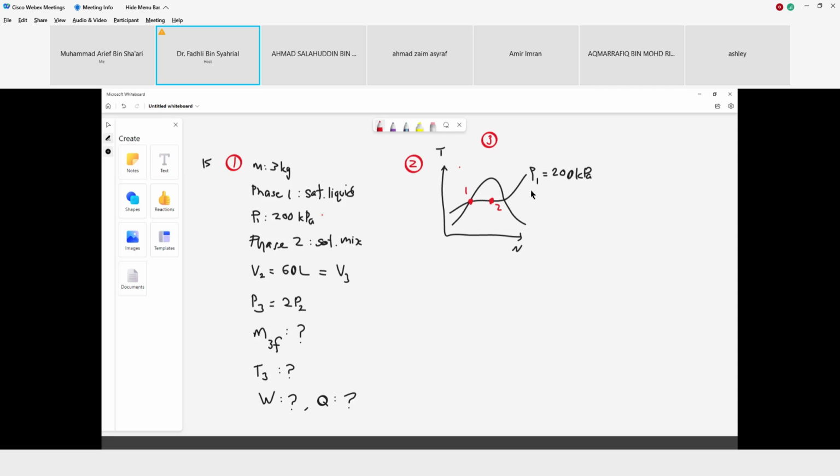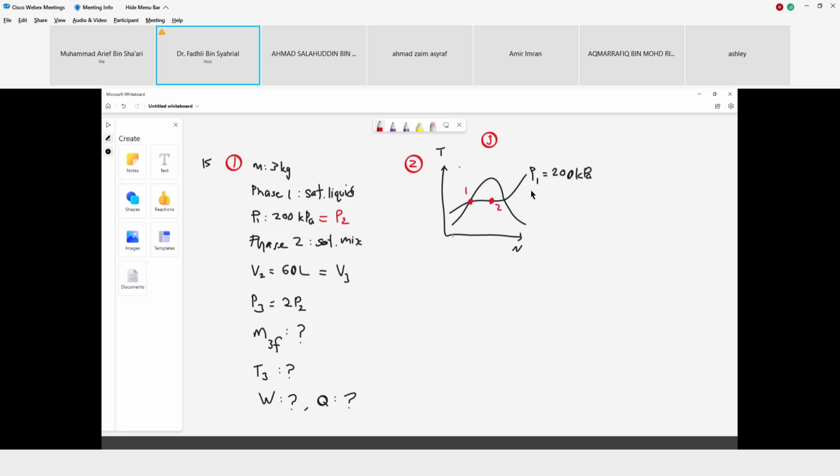They have another hint that we forgot to write, which is pressure 2. For this case, pressure 2 is equal to pressure 1. Okay, why? Because if you look at sentence number 1 and sentence number 2, they have a hint.